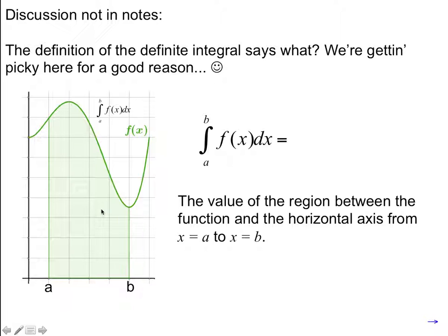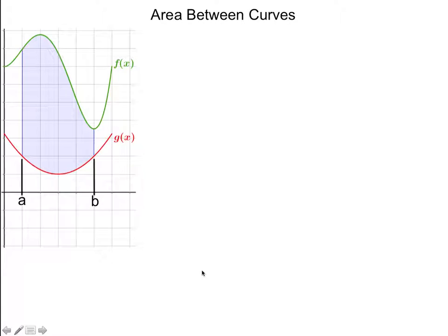So it's the shaded area. That's the real strict definition of a definite integral, and we're going to use that definition to help us answer that essential question: we want to work on using that definition of a definite integral to represent physical quantities.